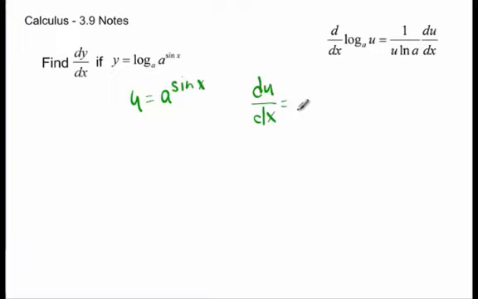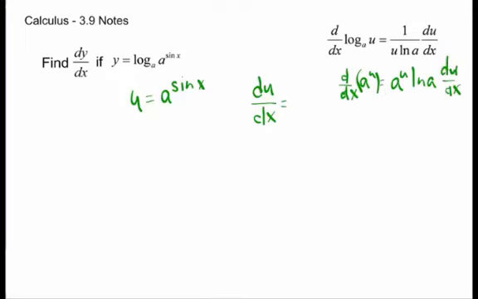So what we're going to do is follow that rule, the other rule, which is a to the u. If we're going to do this, we're going to look at d dx of a to the u, which is a to the u times the natural log of a times du dx.